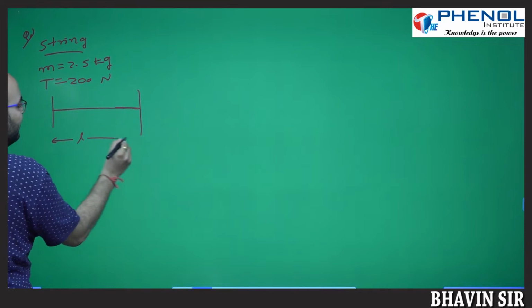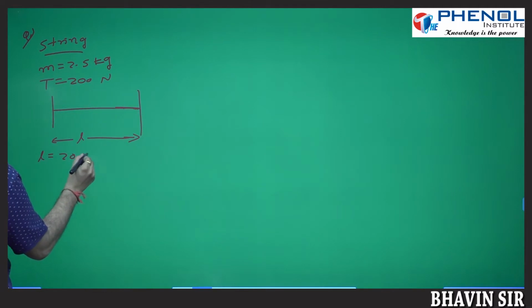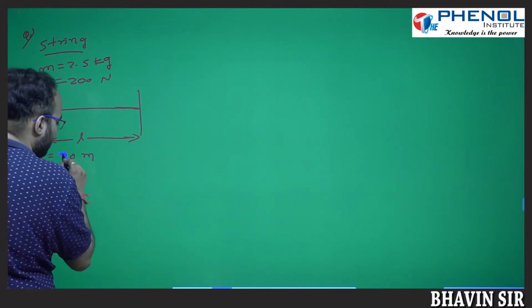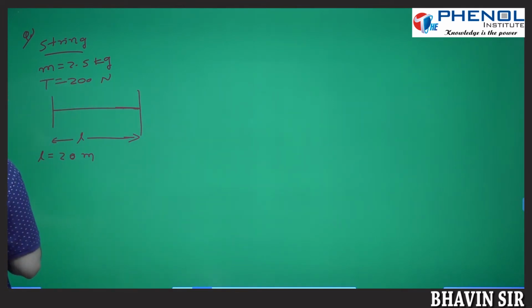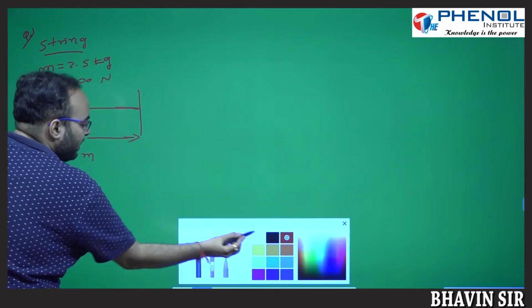The length of the string is 20 meter. If a transverse jerk is struck at one end, meaning a disturbance is created at one end, then waves are produced.